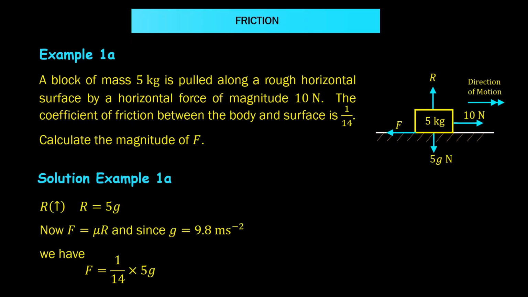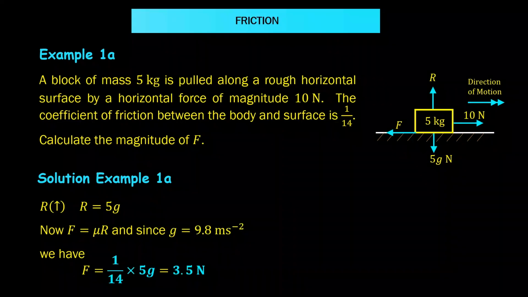And since g equals 9.8, we can plug that into our equation to give us F equals 3.5 newtons.